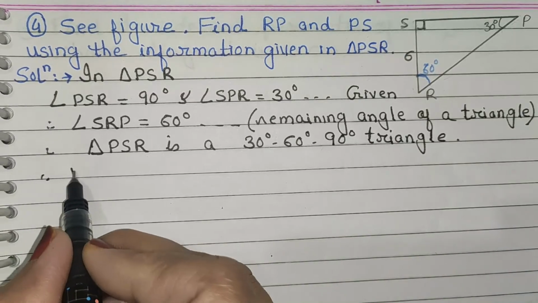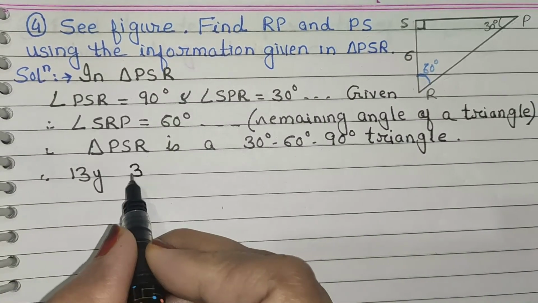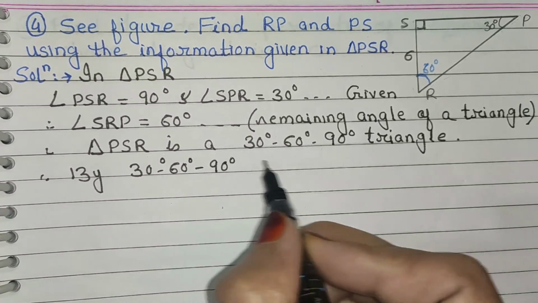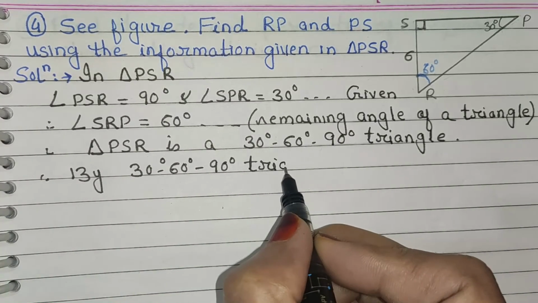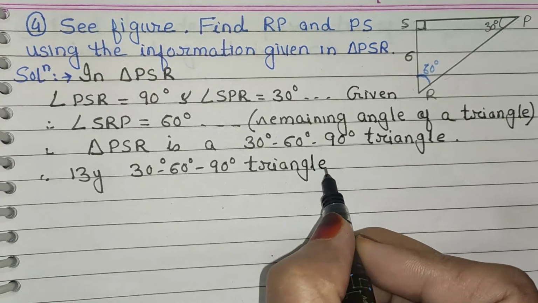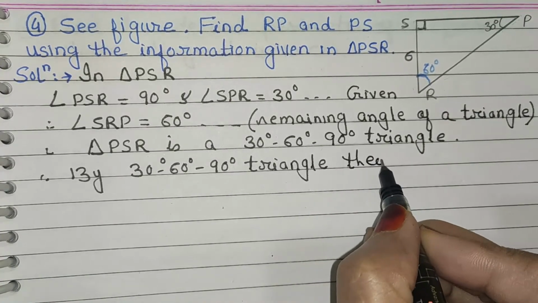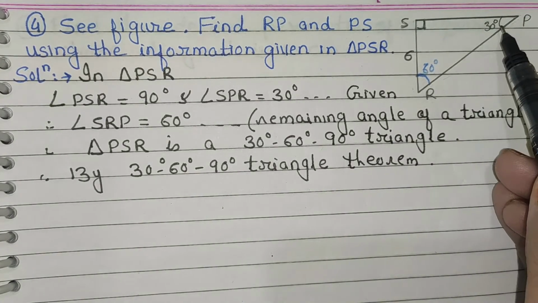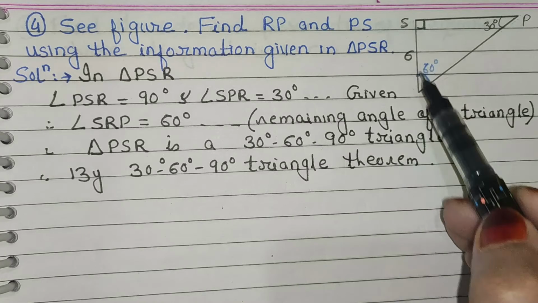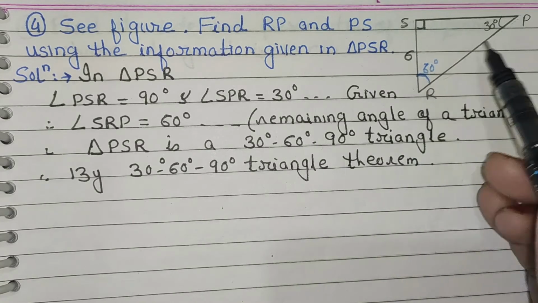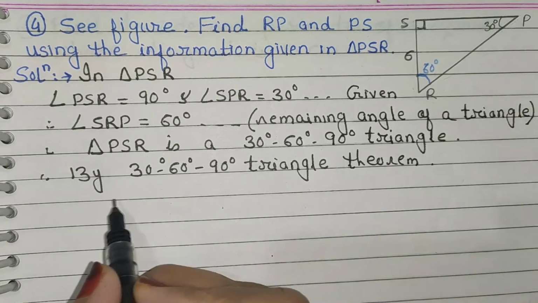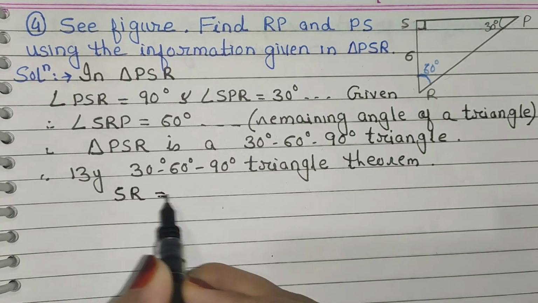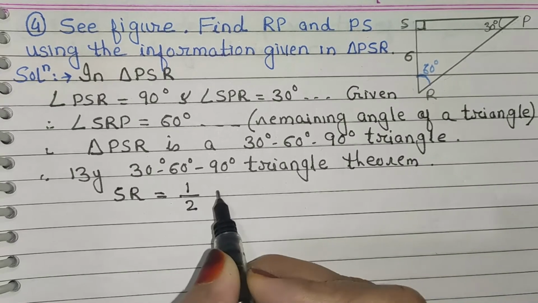Therefore, by 30, 60, 90 degree triangle theorem, now side opposite to 30 degree is given here 6. Therefore, side opposite to 30 degree is SR. It is equal to half of hypotenuse.